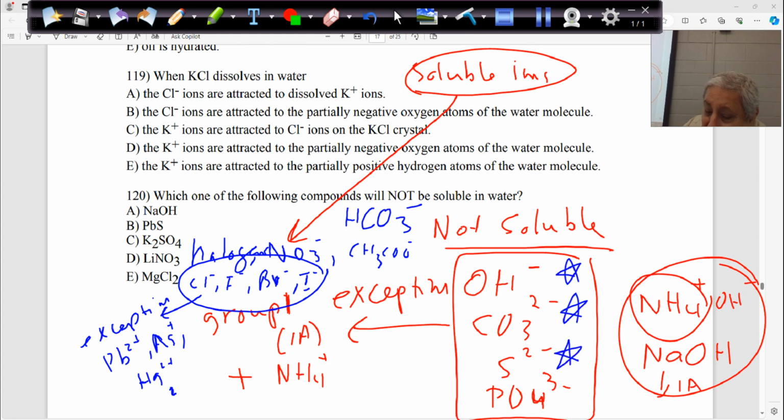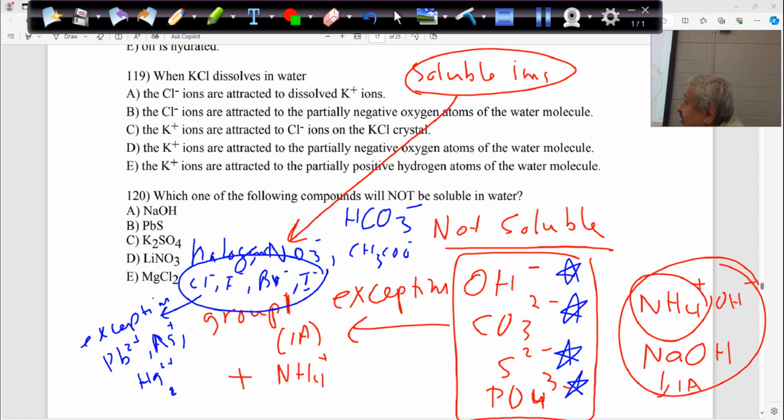So if you memorize the non-soluble ones, then you know all the rest of the polyatomic ions, most probably with some small exceptions, and most of the time lead, mercury, and silver are the cases that are not soluble. But that's the chart you want to memorize, more than enough to get by.